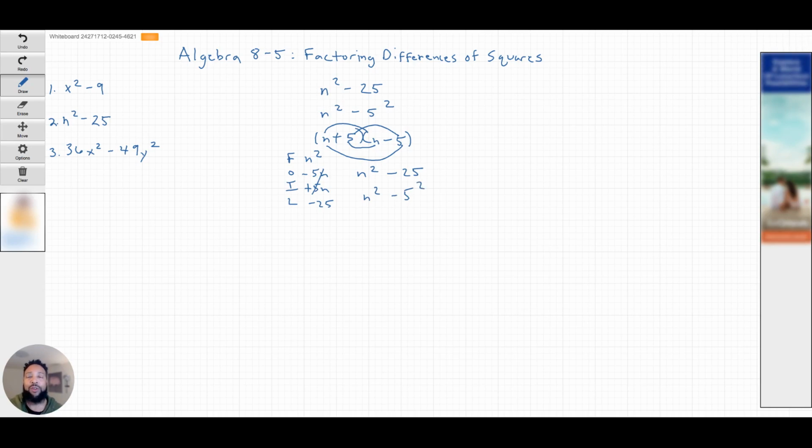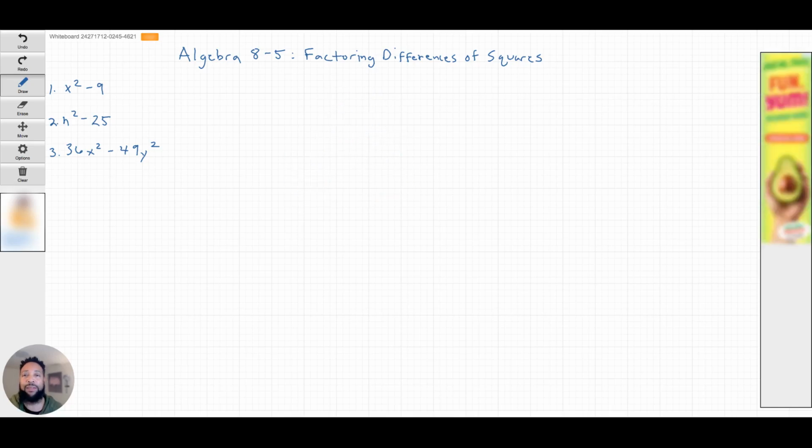All right, let's try one more problem just to make sure you get it. Our last problem is 36x squared minus 49y squared. As you can see, in situations like this, I'm already trying to look for factors of numbers that are multiplied by themselves.